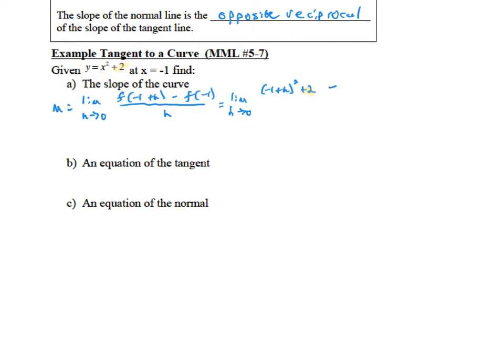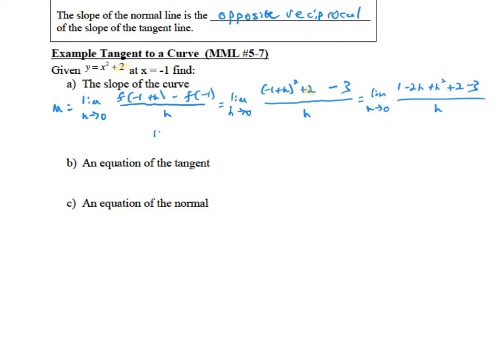Now let's do minus f of -1. So f of -1 is going to prove to be 3, and this is all over h. Once again it looks like I need to FOIL this out and hope something good happens. So it's 1 minus 2h plus h squared plus 2 minus 3, all over h.